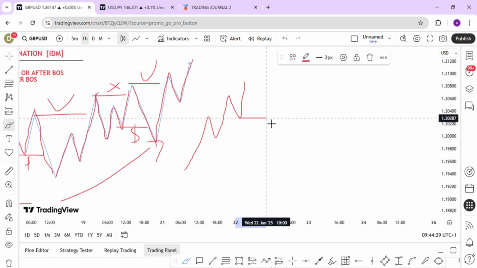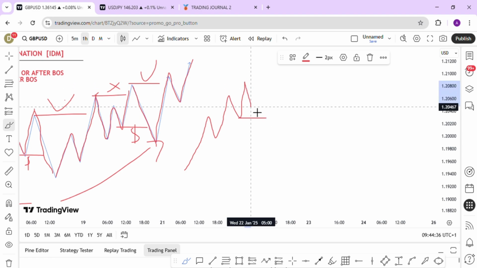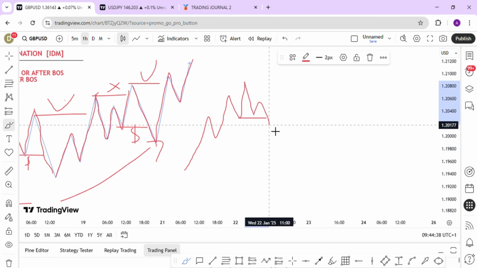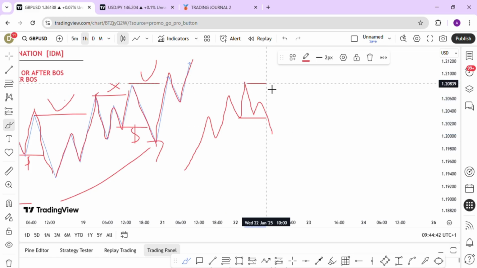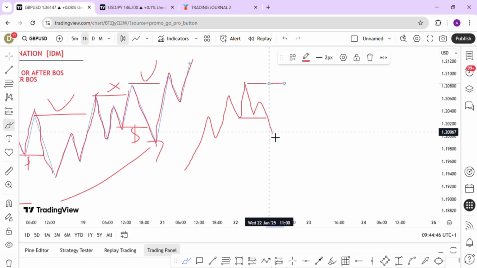Then the last correction serves as what? As your inducement. So the moment the market takes out this level, it means that when the market breaks this high, you have a break of structure.